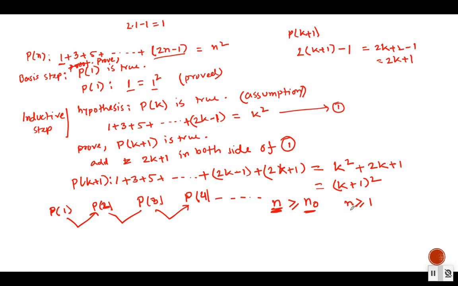So that's our conclusion. I can draw a conclusion that this is true for every n greater than or equal to n naught, and here our n naught is 1.